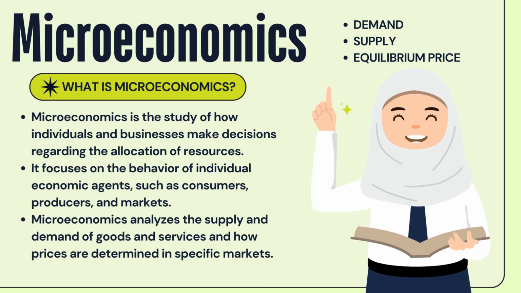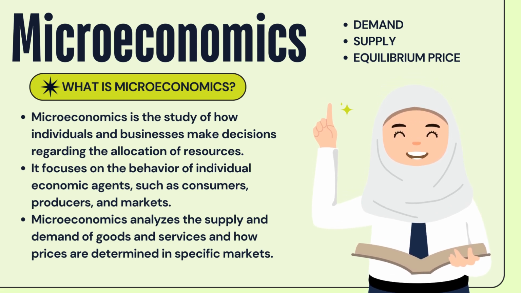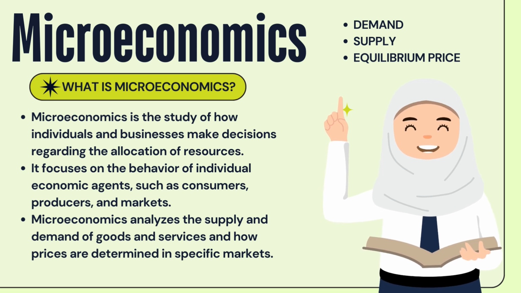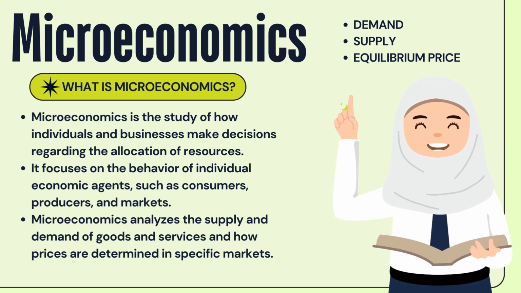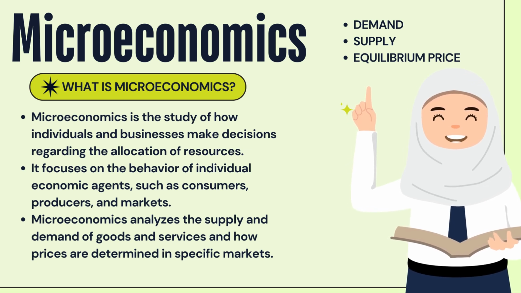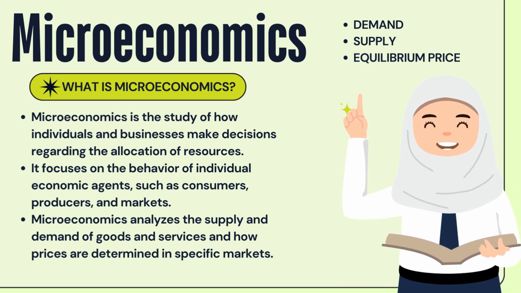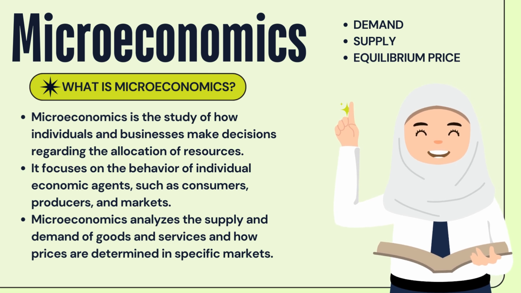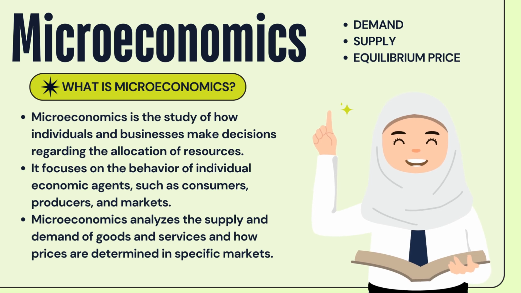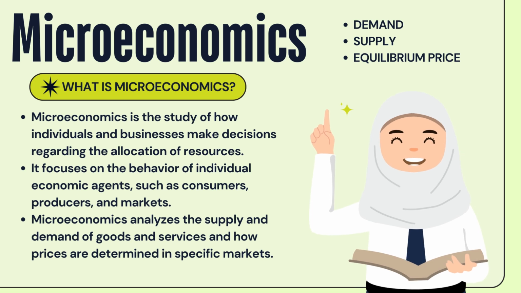And that's how demand, supply, and equilibrium price come into the picture. So when we say microeconomics, it is the study of individual decision making and resource allocation. It examines the behavior of consumers, producers, and markets, analyzing supply and demand to determine prices. This includes concepts like demand, supply, and equilibrium price.